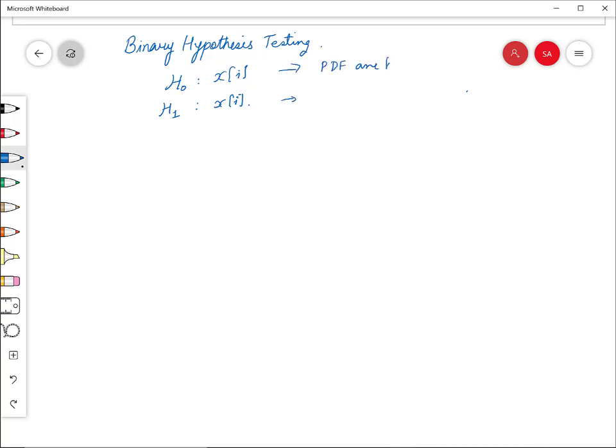Given this scenario, depending on the observation, we need to figure out which one of the hypotheses is correct. This we did using the Neyman-Pearson theorem that we have discussed in the earlier classes.